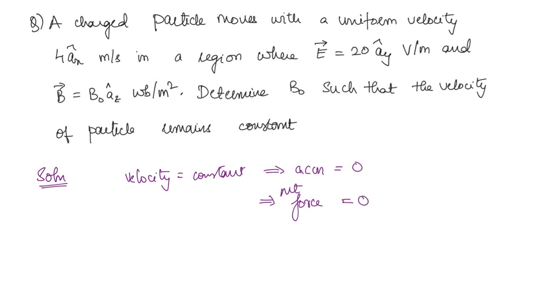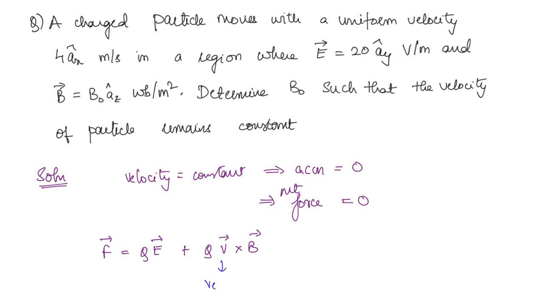When there is an electric field as well as a magnetic field, what will be the force here? This is going to be Q into E bar, the electrostatic force, plus Q into V bar cross B bar, right?